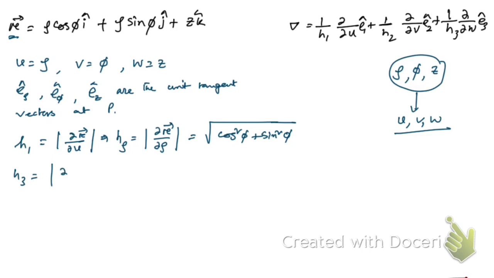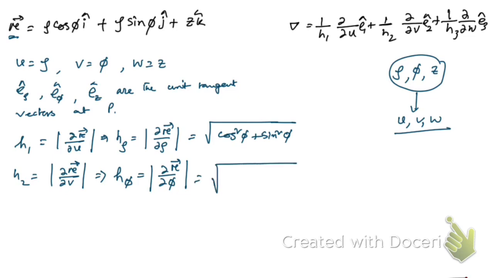Similarly, h2, that is del v of r. Instead of h2 we're going to take h phi, that is nothing but mod of del phi of r. Here we are taking phi as a coordinate, not as a function that we took earlier. Hope you have understood this.